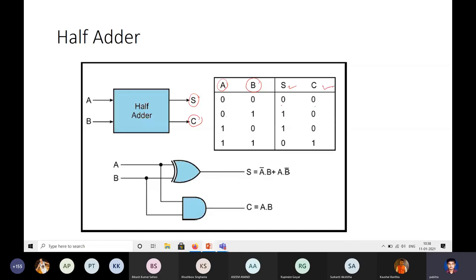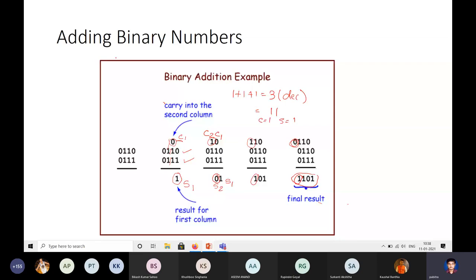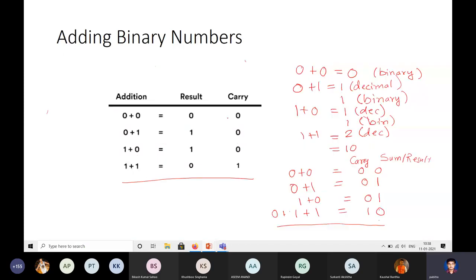Why do I call it a half adder? Because you see there are 3 things to be added here. You need to add the carry, you need to add the 2 inputs. So there are 3 things that you need to add. I'm not doing that. I am just considering this case where there are only 2 things I need to add. If I add only these 2 things, I call it half adder.